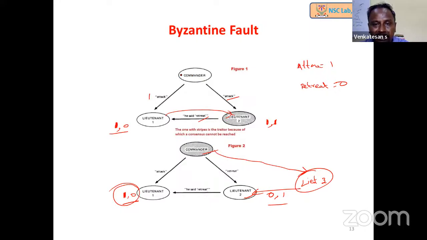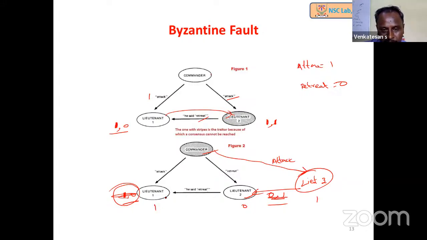Here the commander can give a maximum of any of the 2, so they cannot give more than 2 messages. That's the assumption we are keeping. So here attack, retreat, and then attack. So now 1, 0, 1.